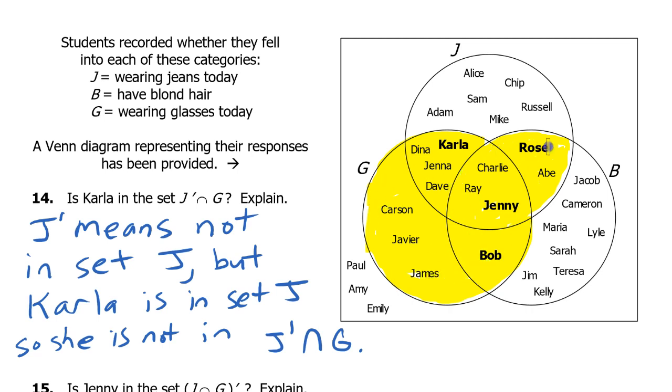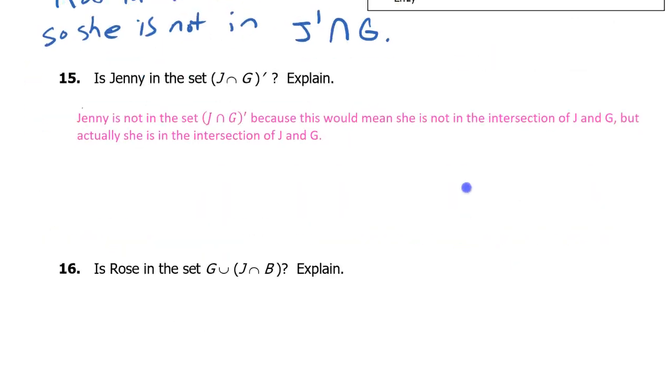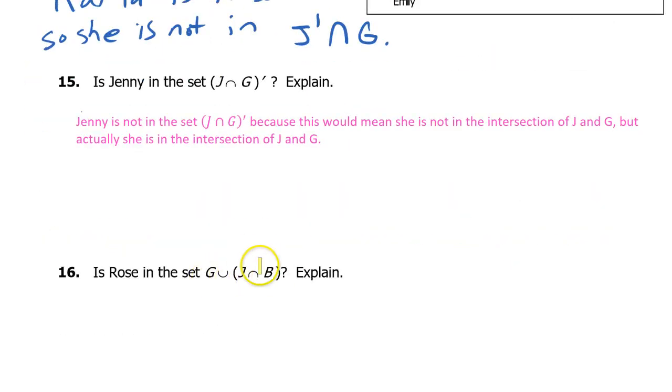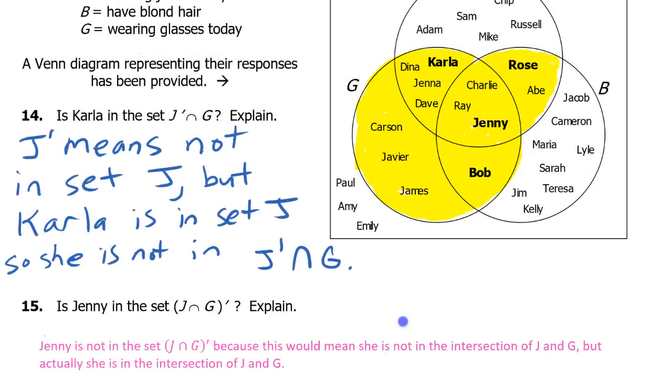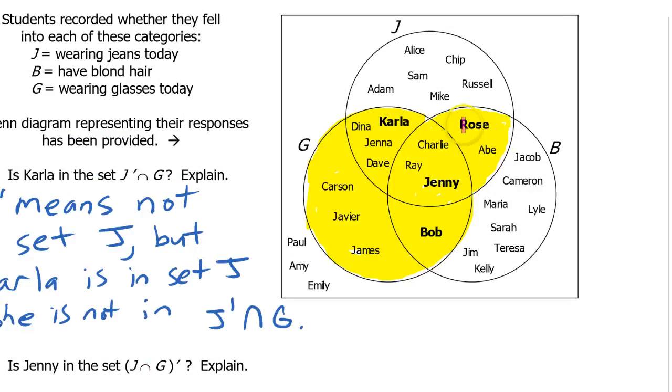So this would be the union of the intersection that we did first, and then all of set G. So now the question is, is Rose in this set? So here's Rose right here, and Rose is clearly in the set.